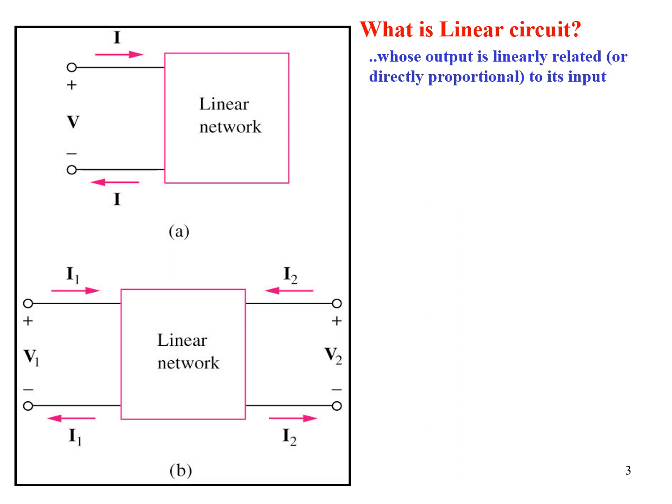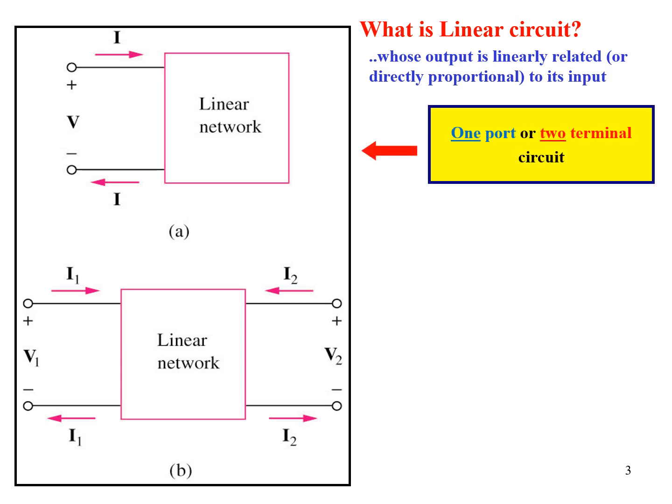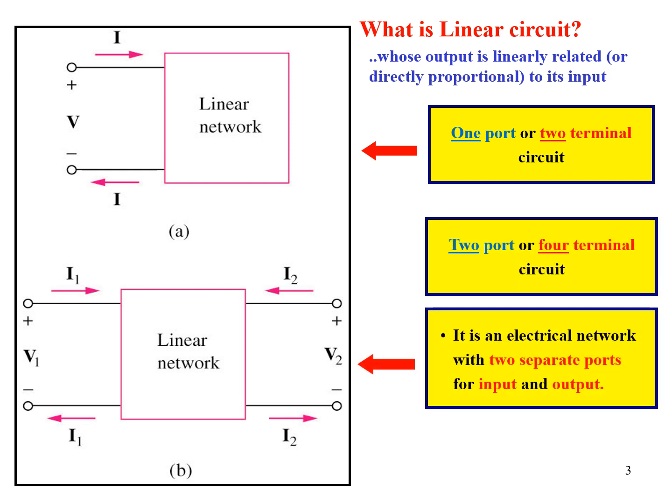Looking at diagrams A and B, the linear network in A has connections to two terminals, and in B it has four terminals. So one port is a two-terminal circuit, as in diagram A, while a two-port or four-terminal circuit is shown in diagram B. It is an electrical network with two separate ports for input and output.